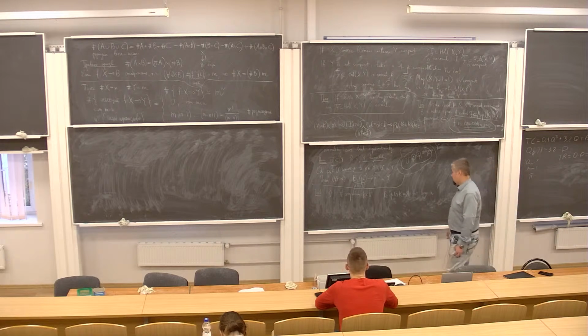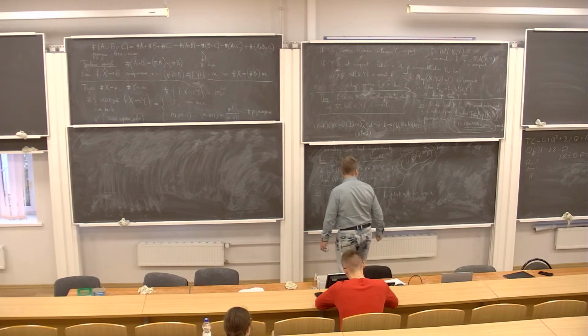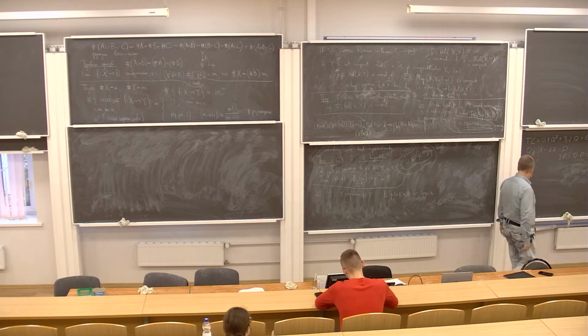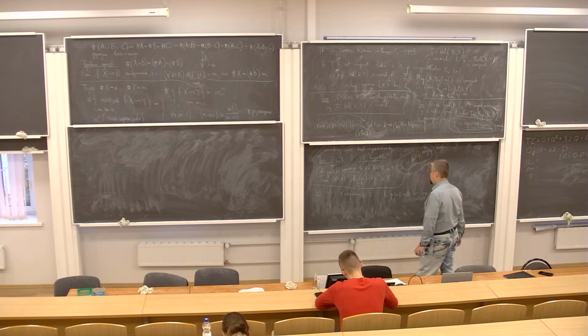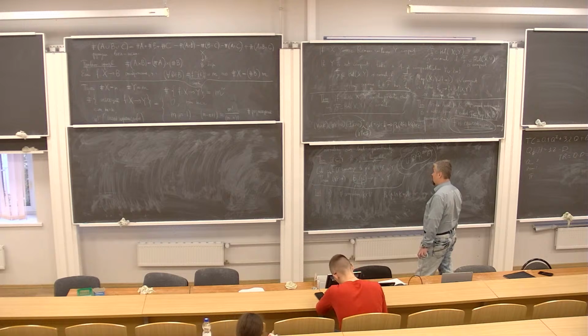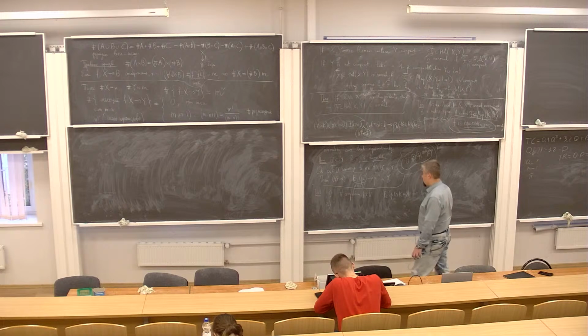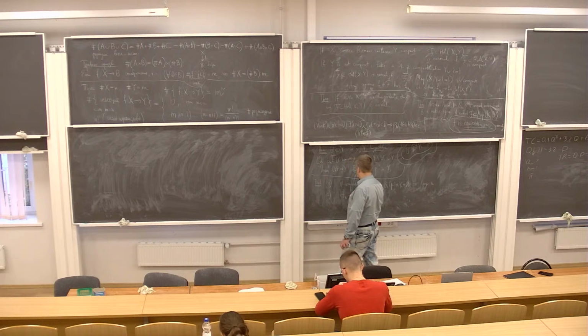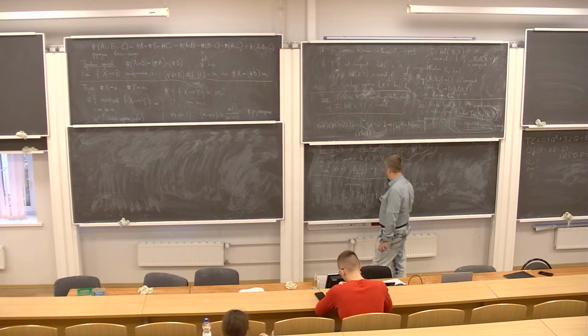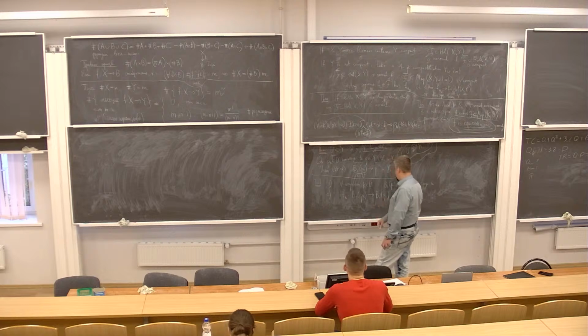That was the first part, and the second part is that we have a sequence of maps Fn from the first disk, around P1, to the disk around the point Pn.